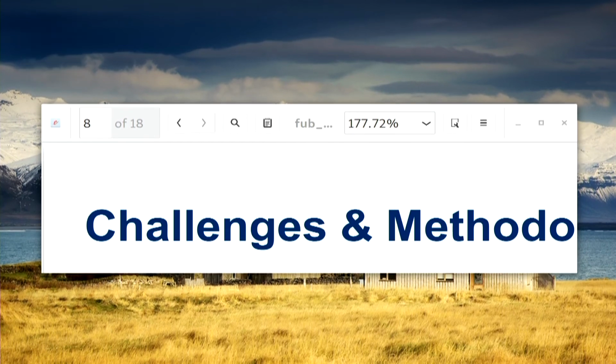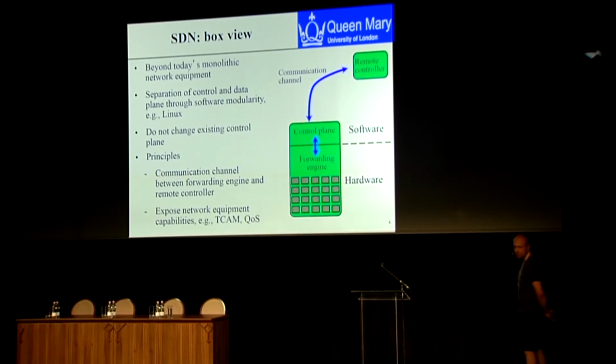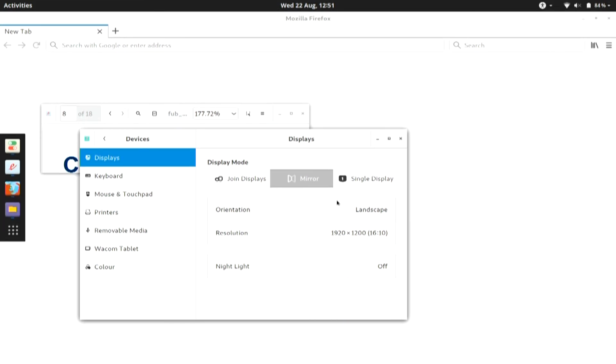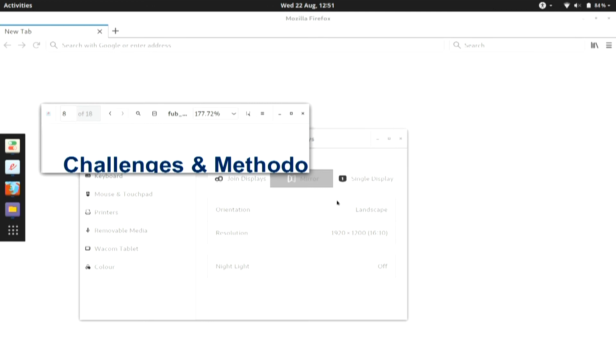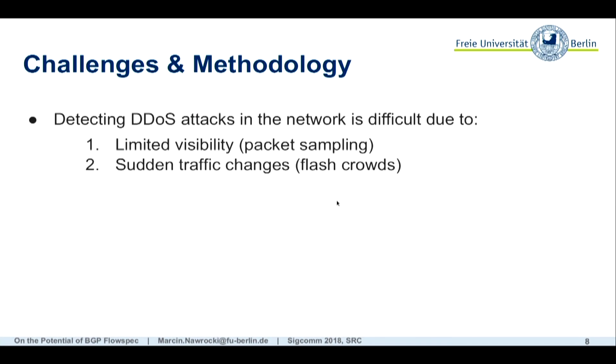One of the key aspects, of course, is to expose the capabilities of the hardware so that you can do interesting things that before you couldn't do because you didn't have access. Or you only had access to the CLI provided by your favorite router or switch vendor, and that's all you could do. That was the box view.